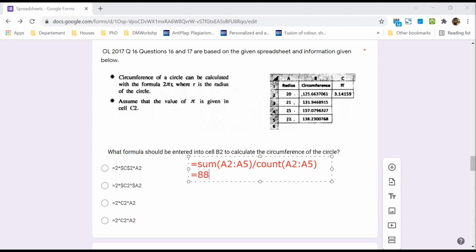So we have 88. Divide by count A2 to A5. Count means the number of cells A2 to A5. All are numeric ones, so we have 1, 2, 3, 4. That is 4. So the answer should be 22, right? So about 70% of the class got the answer correct.